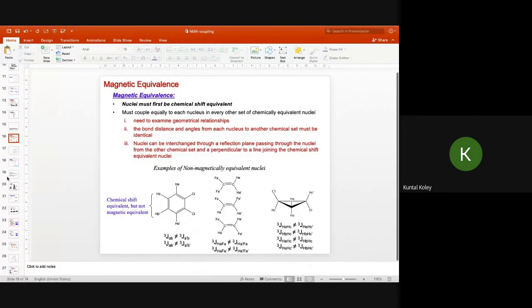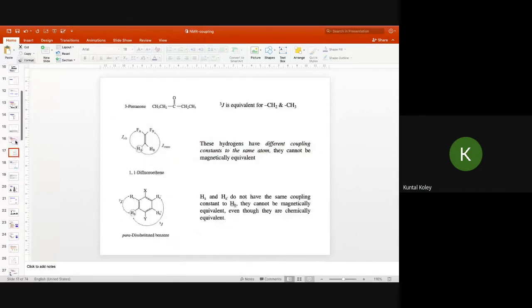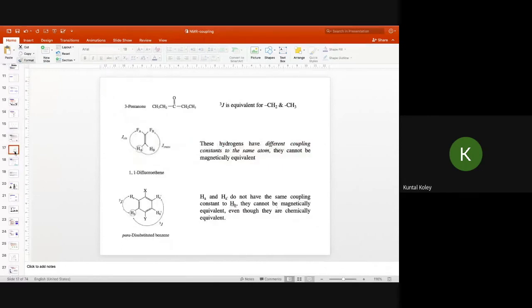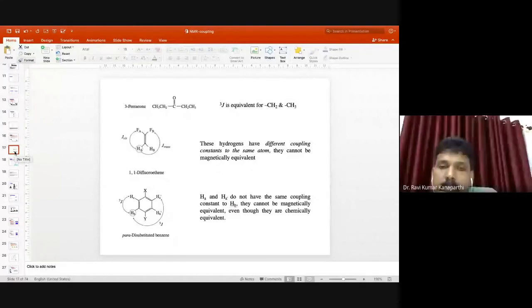Sir, is there any range of values of J coupling so that we can understand whether it is 3 bonds away or 5 bonds away? That we will discuss in the next class. What are the general values? Since you asked, I can give the values. It depends upon many parameters, as I told you. How the coupling is affected by various parameters, we will discuss in the next class.